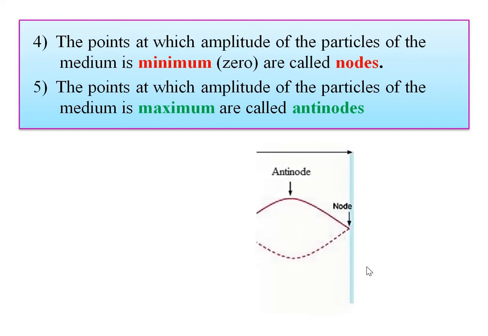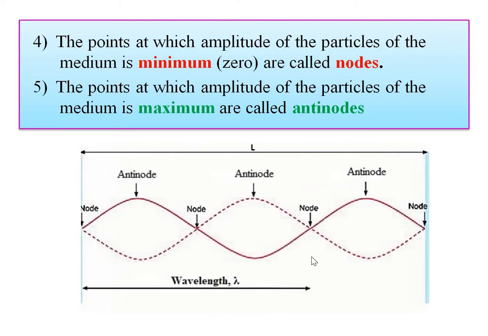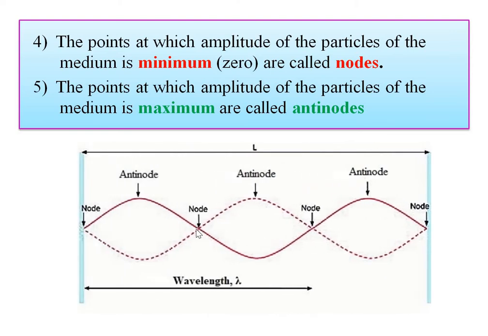See in this diagram, this one is the node point, the point at which amplitude of particles is minimum, that means 0, and this one is the antinode point, the point at which amplitude of the particle is maximum. Minimum amplitude is called the node point, maximum amplitude is called the antinode point.